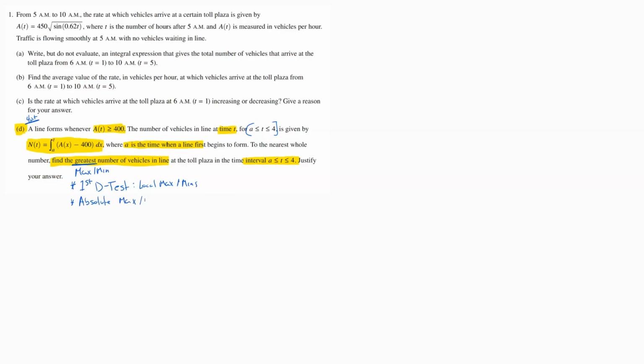That is used if I've got an interval to work with, because it's slightly different than the first derivative test. Since we have an interval on this problem, we're going to run the absolute max-min process. Step 1 is to find the derivative.